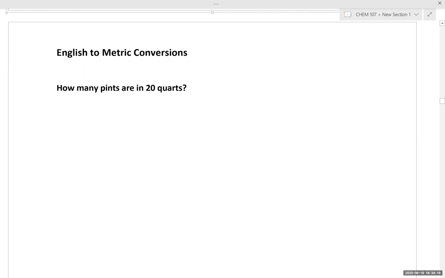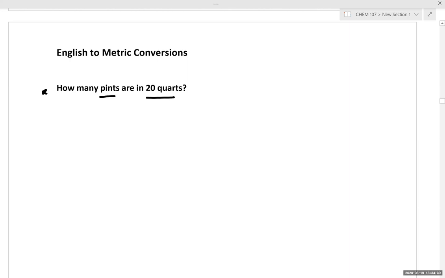So English to metric conversions are handled exactly identically to metric conversions. The only thing that's a little bit tricky is that their conversion factors aren't as clean. So let's look at an example. We're asked how many pints are in 20 quarts.